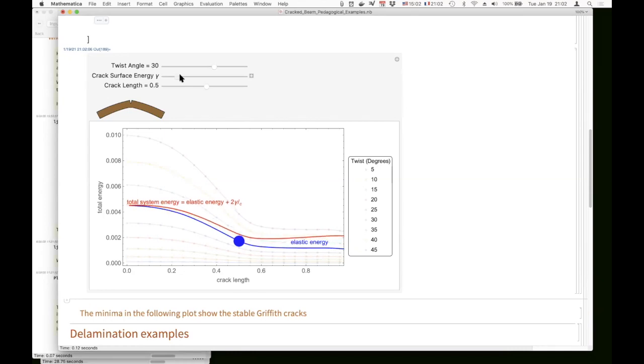Okay. And so what this tells you is that the system, if I begin to bend it, right, and so now I'm looking at a twist angle of 30. If I take the system and bend it to a twist angle of 30, initially I have to initiate the crack. So this goes up a little bit, but as soon as the crack starts running past this point, it will arrest at that particular point.